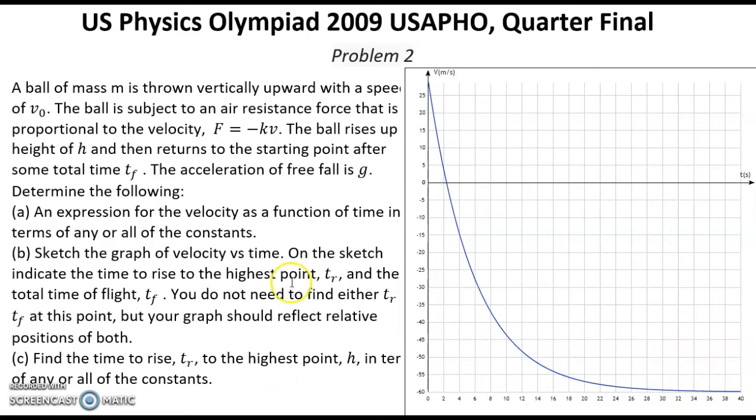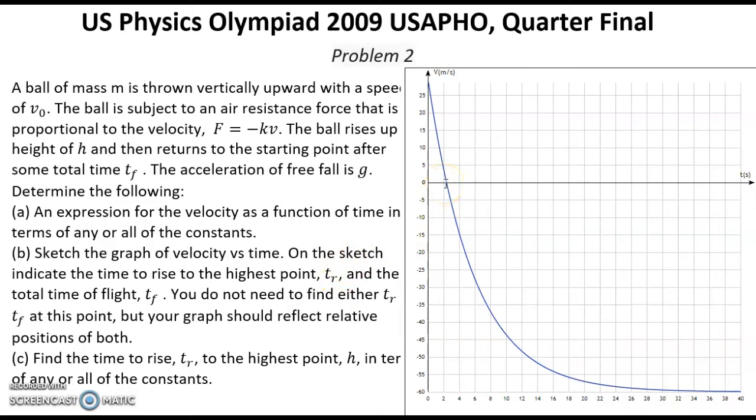Here we have initial velocity about 30 meters per second, and terminal velocity is 60. Velocity goes to 0 when time is a little less than 3 seconds. Yes, that's correct. That's approximately the answer for question B.